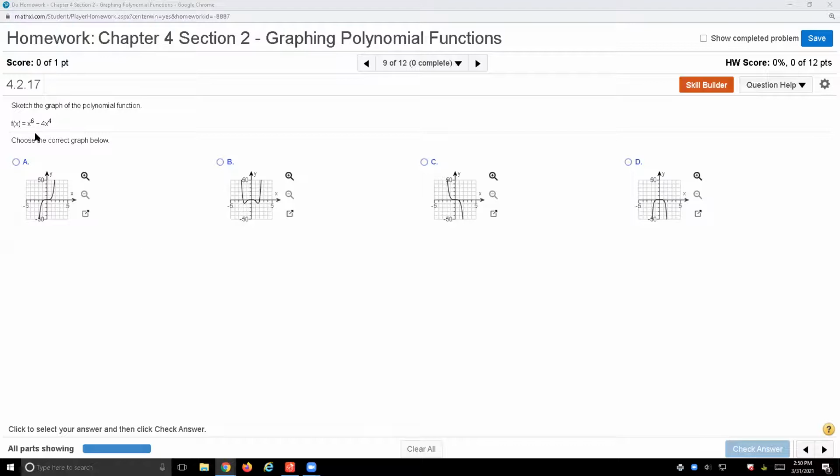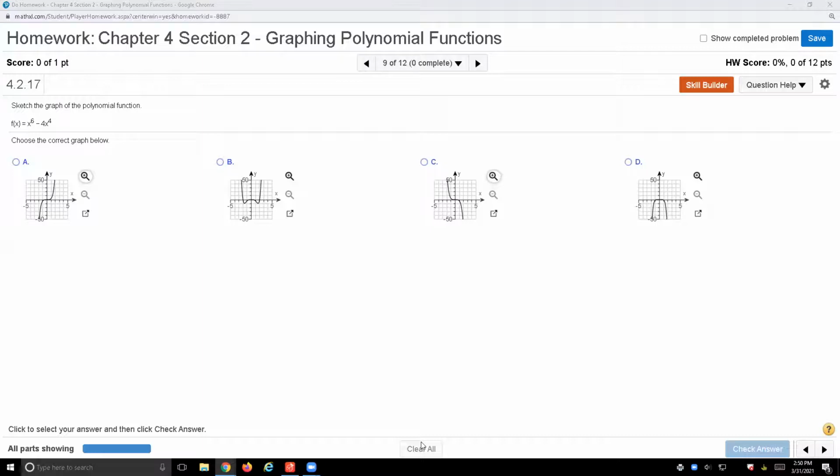Since it's an even exponent, it can't be A or C. It can't be D because it's positive x to the 6th, so it has to be B. So the answer is B.